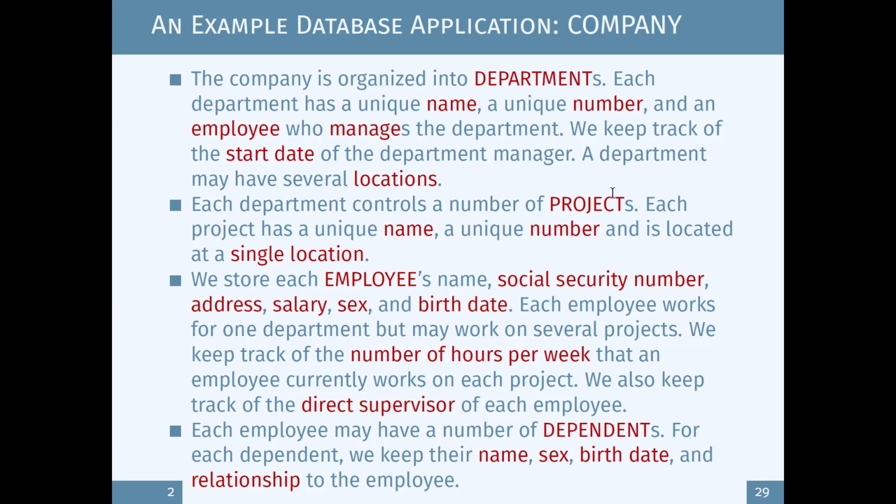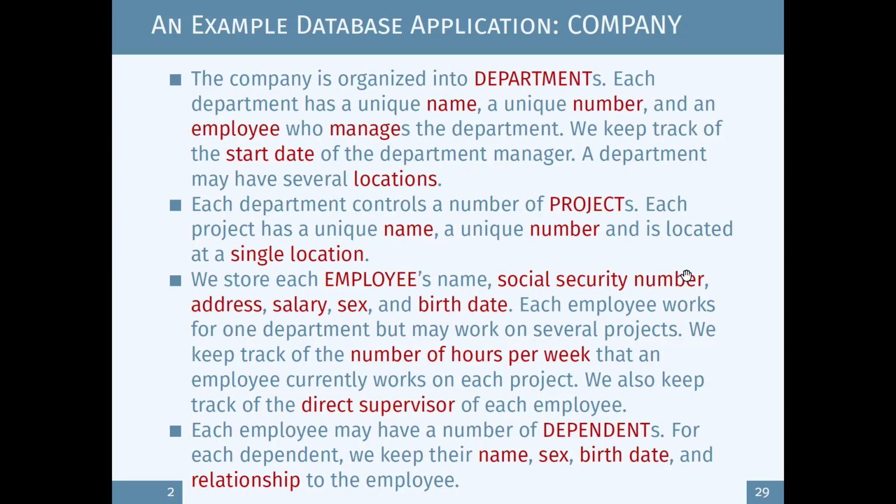For example, if you read, you can see employees work for departments, right? So it says each employee works for a department. So works is a relation, right? So now I have described three things: entity types, attributes, and then relations.